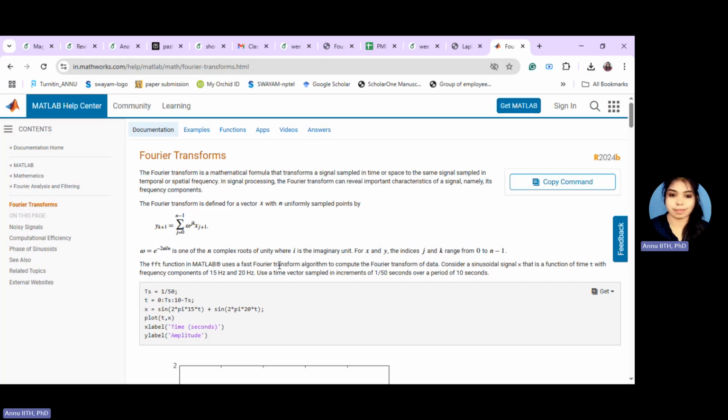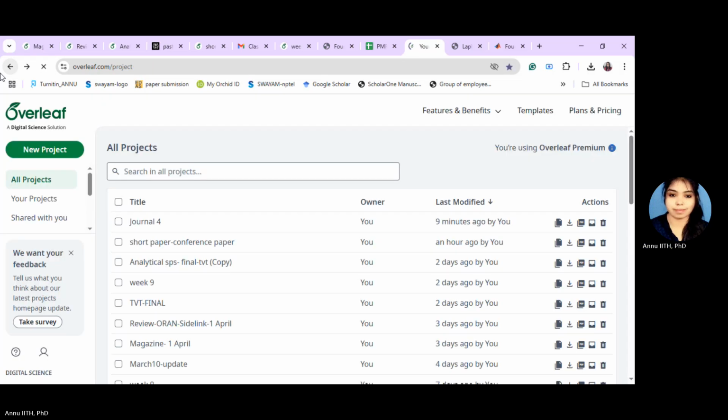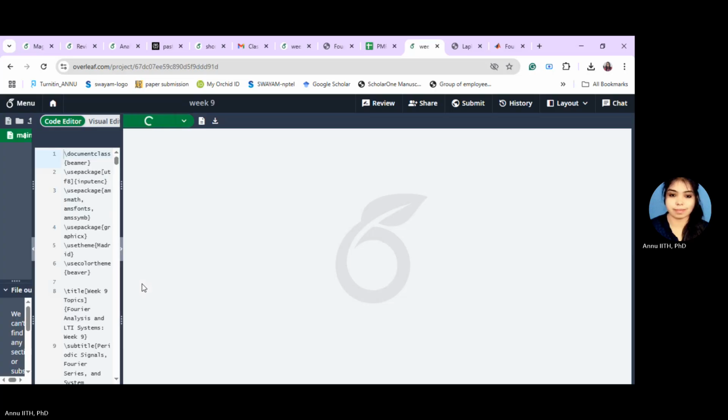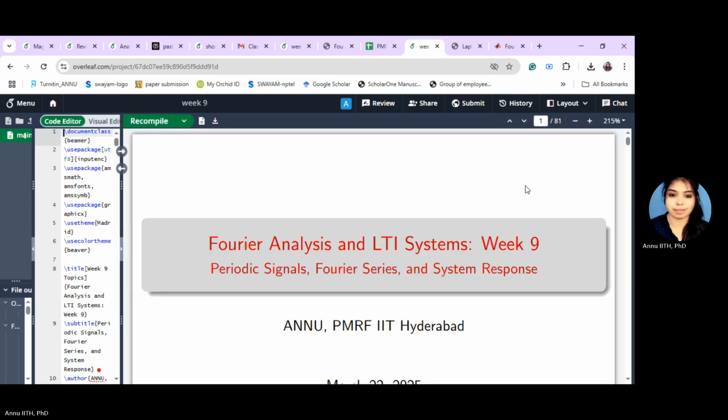But if you see my content week 1, week 2, week 3, I have used Python to show some sort of things. Okay, so as we know, the week 9 content is all about Fourier analysis and LTI systems.